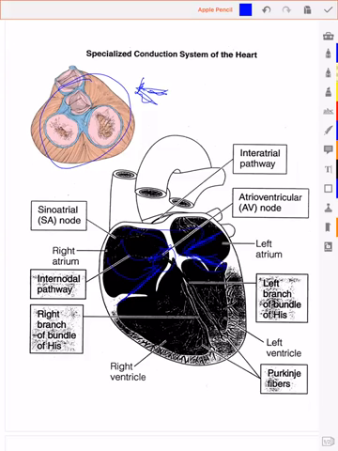So we hit the AV node. There's a delay as the action potential very slowly propagates through that node, and then it runs like a rabbit through the Purkinje fibers out along the endocardium, okay, like this, and it spreads along the endocardium through both ventricles very quickly, and then we get a nice even propagation from inside to outside across the ventricular wall.